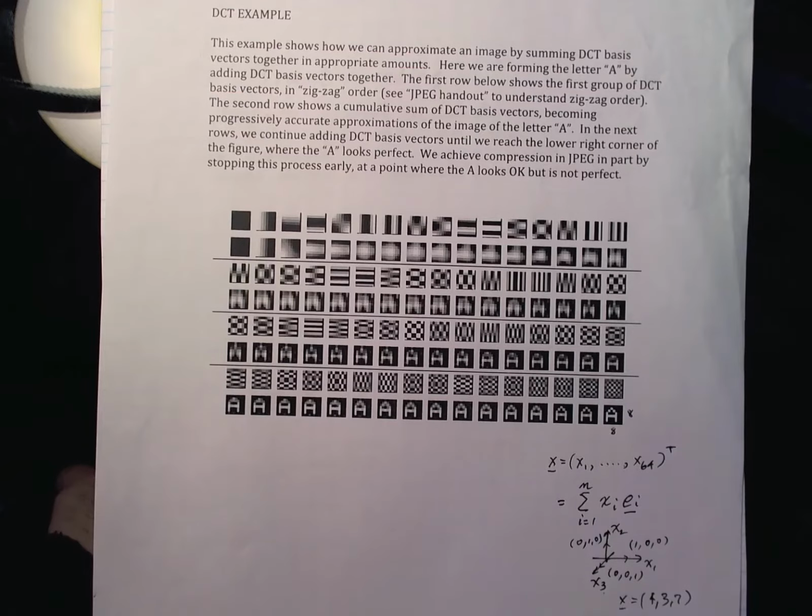Now, this is a very not efficient way of communicating an image, because in an image, typically, a lot of the pixels are sort of similar to each other, particularly if it's a little 8x8 image.